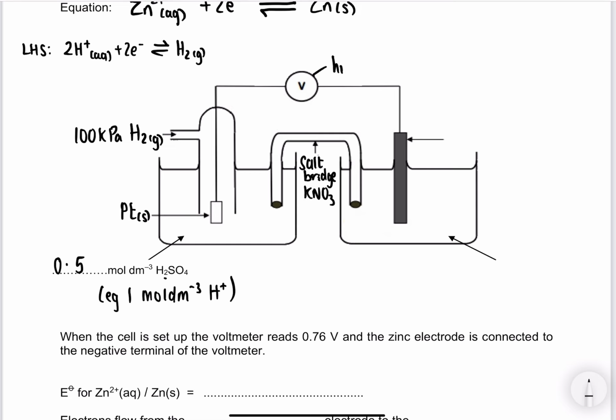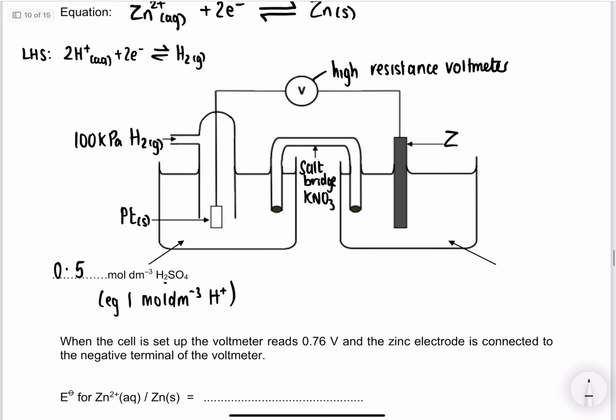We've got our high resistance voltmeter. And on our right-hand side we've got our zinc beaker, which has got solid zinc and 1 mole per decimetre cubed of something that contains Zn2+, so I'm going for zinc nitrate.